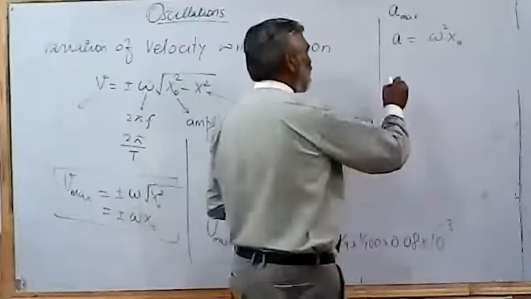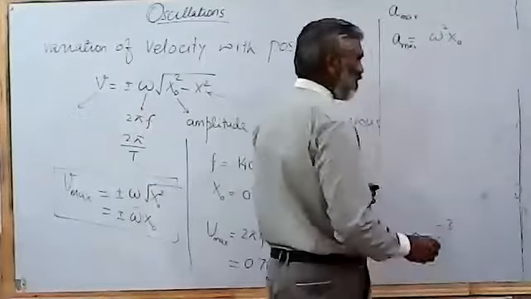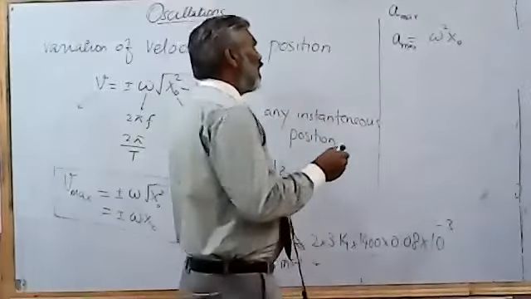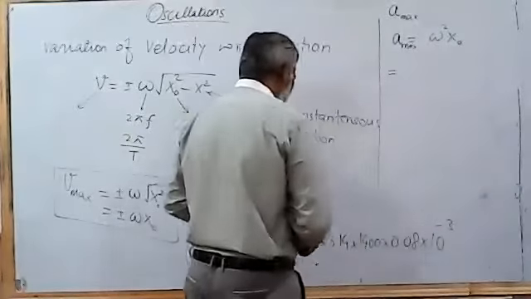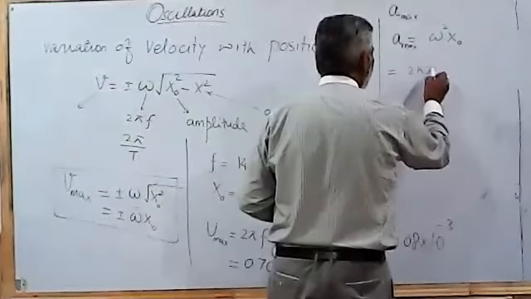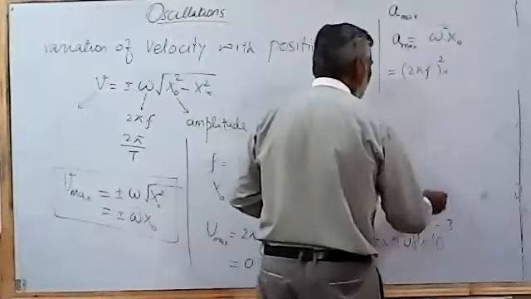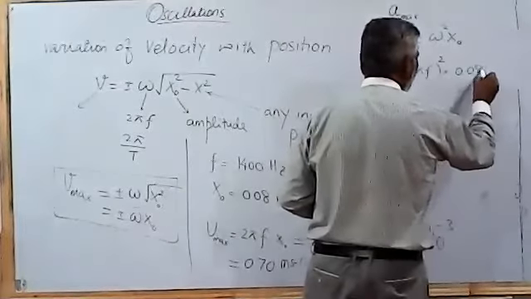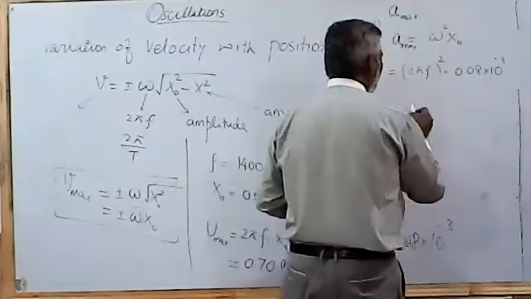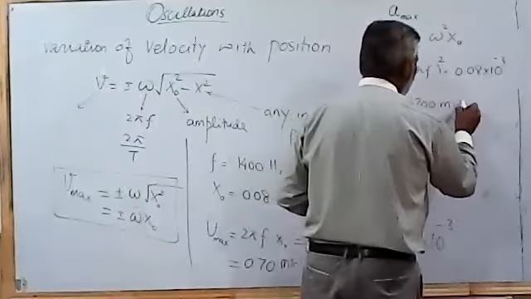That means acceleration will be maximum if I replace the value of x with the value of amplitude. So using the same values given in this question, if I use 2 pi f whole square multiplied by the same amplitude we have used already, 10 to the power minus 3, it comes out to be approximately 6,200 meter per second square.